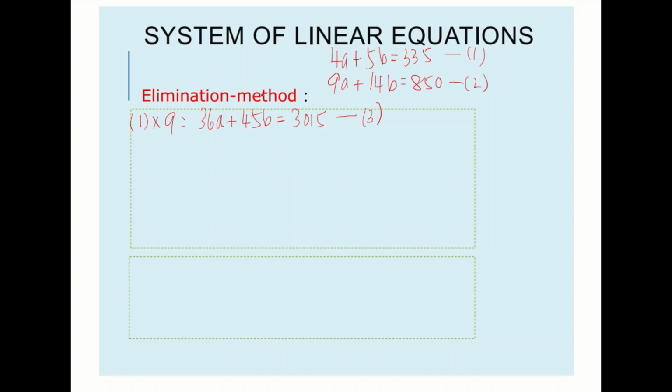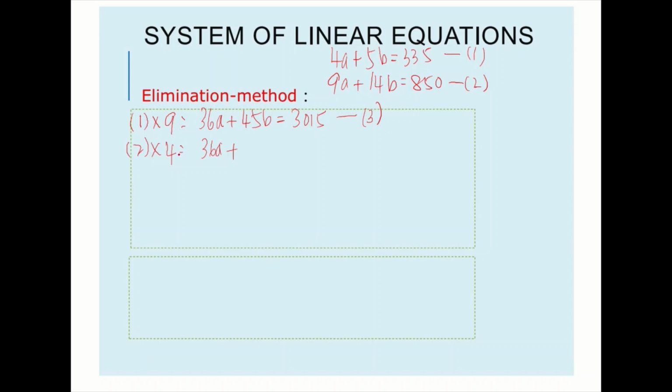At the same time, we want to change the 9a in the second equation to 36a as well. So we are going to multiply this one by 4. So 9 times 4, we have 36a as well. And for the other terms, we have to multiply as well.